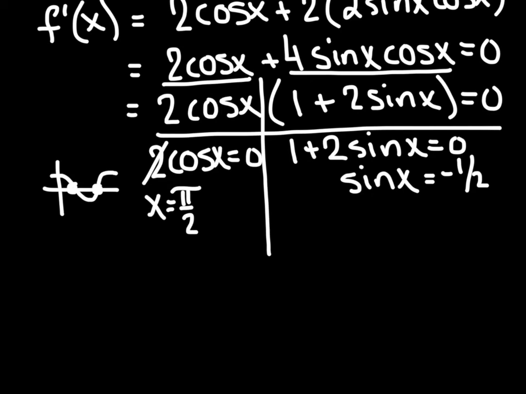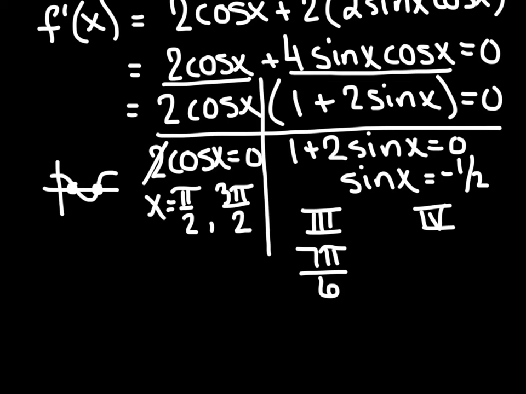Those would be the 2 times where cosine crosses the x-axis. And then for the sine function, my reference angle would be 30, but I'm looking for quadrants 3 and 4 because of the negative value. So let's see. 210 would be 7 pi over 6, and 330 would be 11 pi over 6.